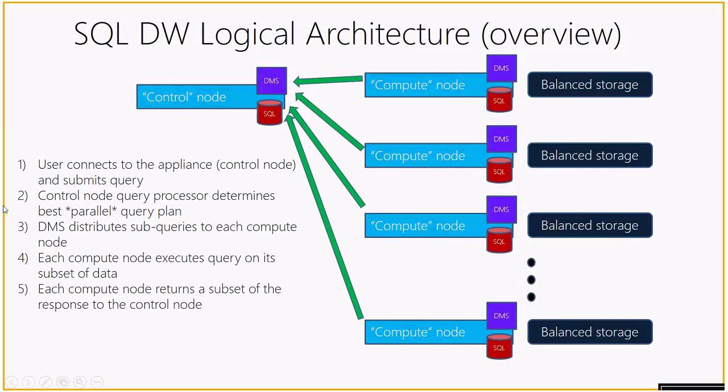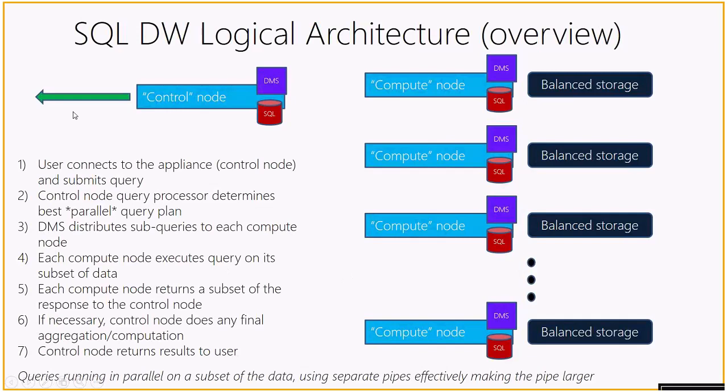From there, it identifies the result sets from those queries and puts them together into the ultimate result set, and the result set is sent back. Since all this operation is happening in parallel, that is why it gets the name massively parallel systems.